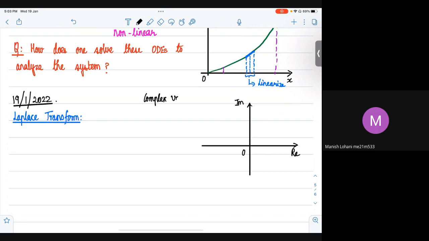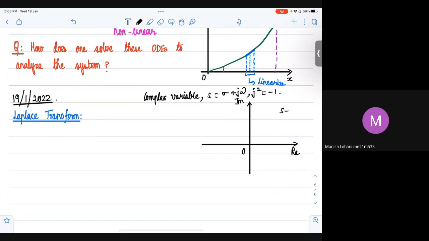We could write the complex variable s as sigma plus j omega, where j squared is equal to -1. So sigma being the real component, j omega being the imaginary component, right? And when we plot this complex variable, that two-dimensional plane is what is called the s plane.